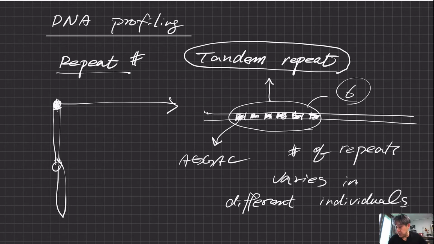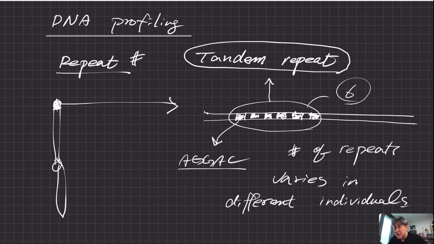So if person A, in this particular area of the DNA, has this AGGAC nucleotide sequence repeated 6 times at exactly the same location of the gene, another person may have 7 or 9.